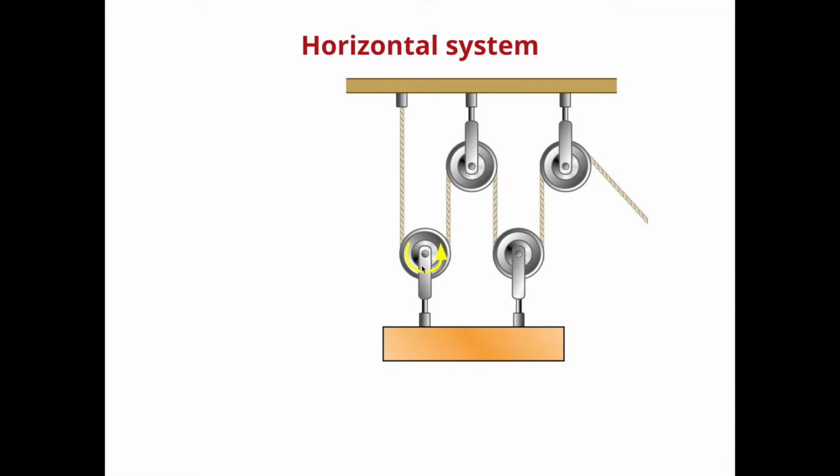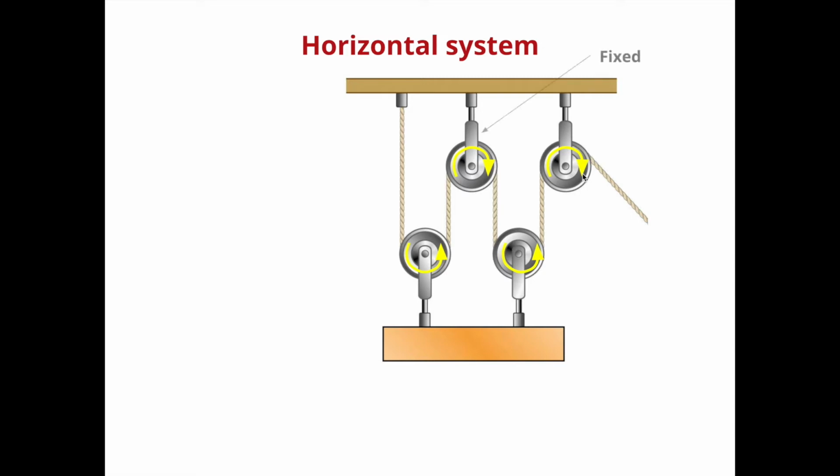This has this direction because the rope is being pulled from here, so this pulley goes the other way around, and now it again changes direction, and this one goes this way. So as you can see, this goes counterclockwise, this goes counterclockwise, and this is the same case. So it changes direction in its pulley.